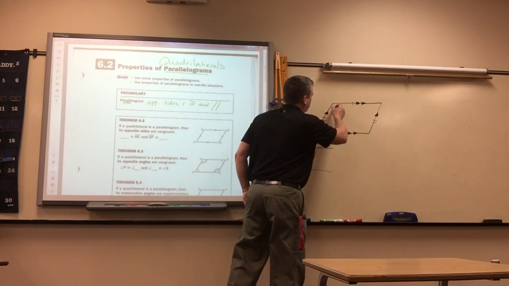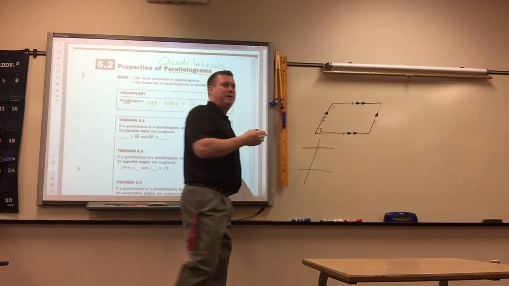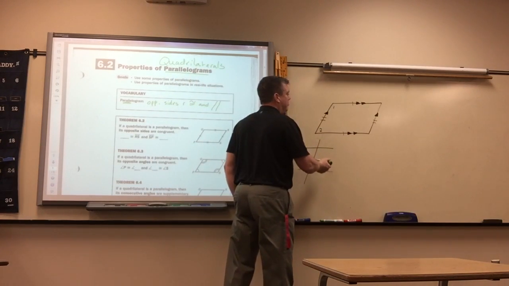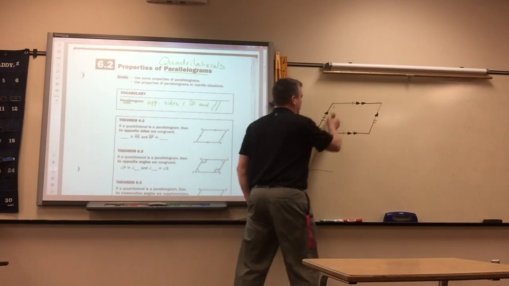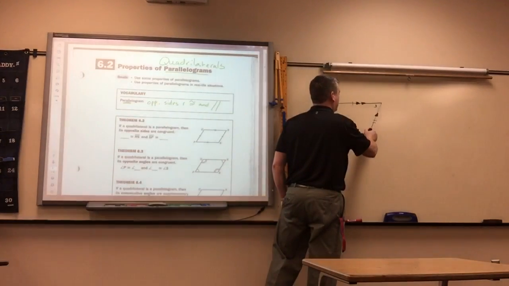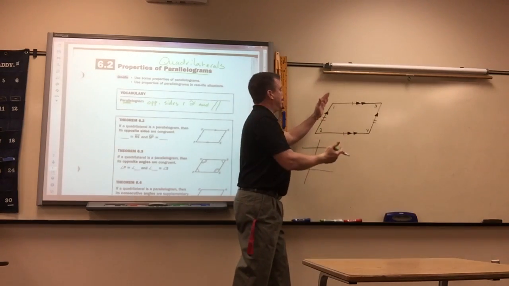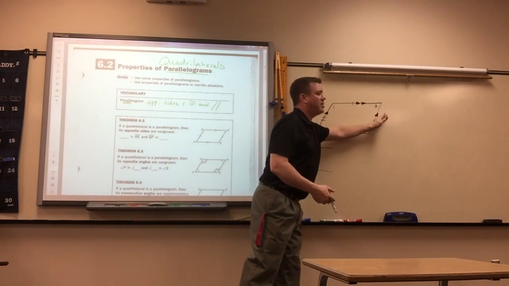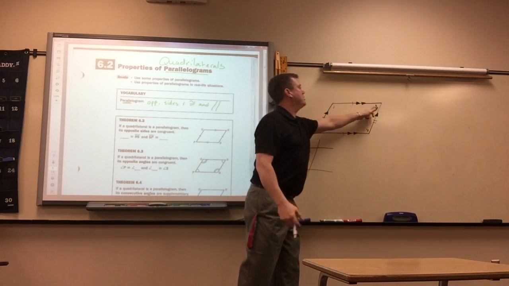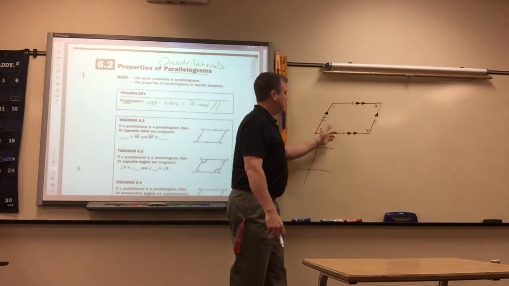What do you know about this angle and this angle? They got to add up to 180 because they're same side interior. So these two are supplementary and these two are supplementary, right? Also, if you tipped it and looked at it, since this is parallel to that, these two are same side interior, so they're supplementary, and so are these two.